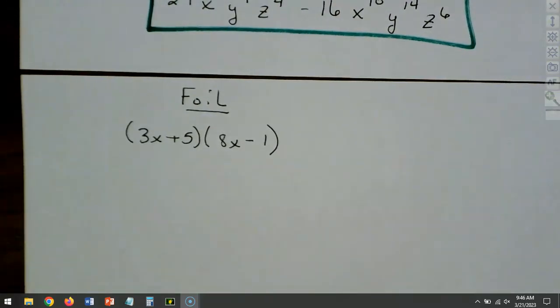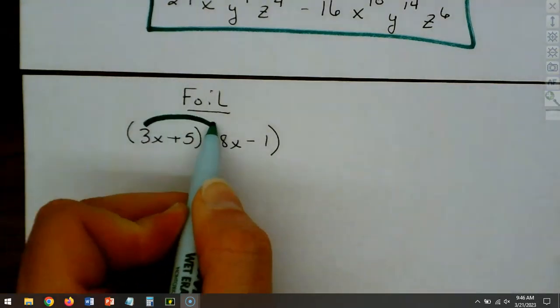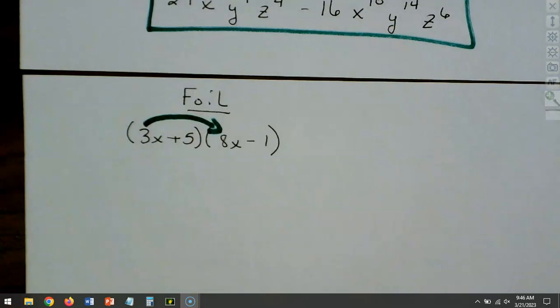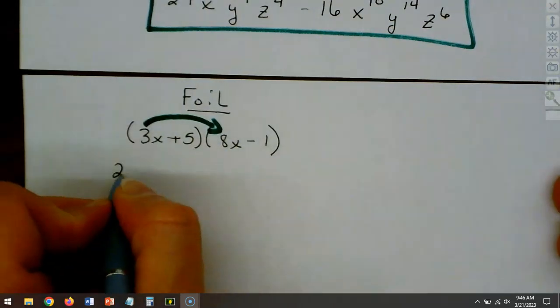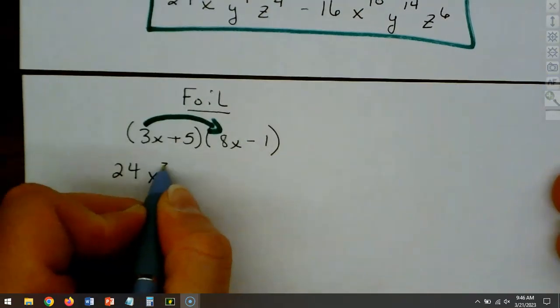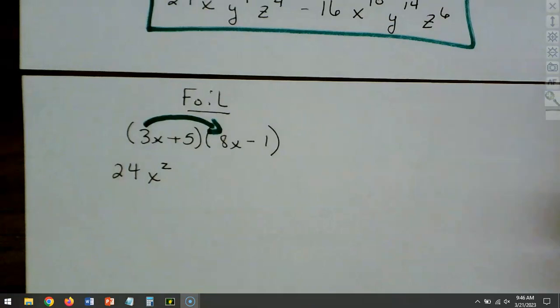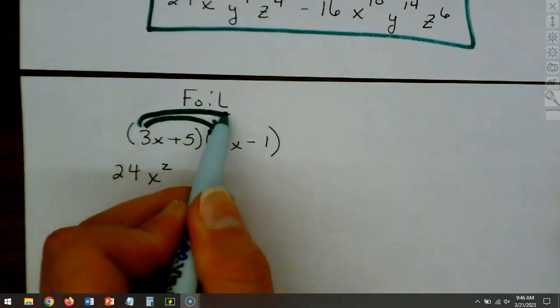Well, if I want to use the FOIL method, we think about what the letters mean. The F, that means the first times the first. Okay, so FOIL, first times first is here. 3 times 8, that makes it a 24. And x times x, that makes it an x squared. And we do the O, which is the outside times the outside.